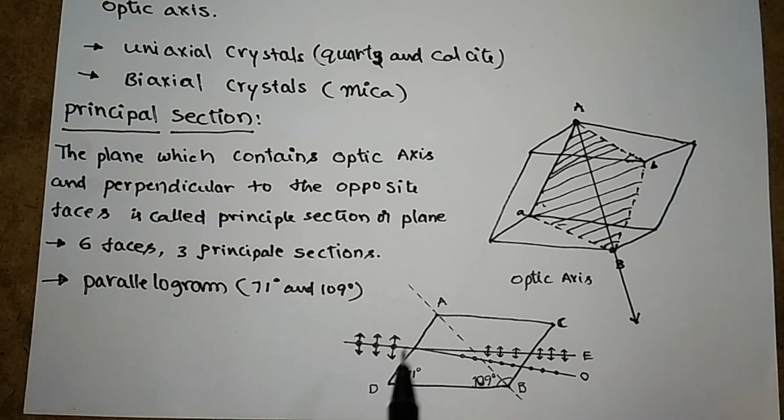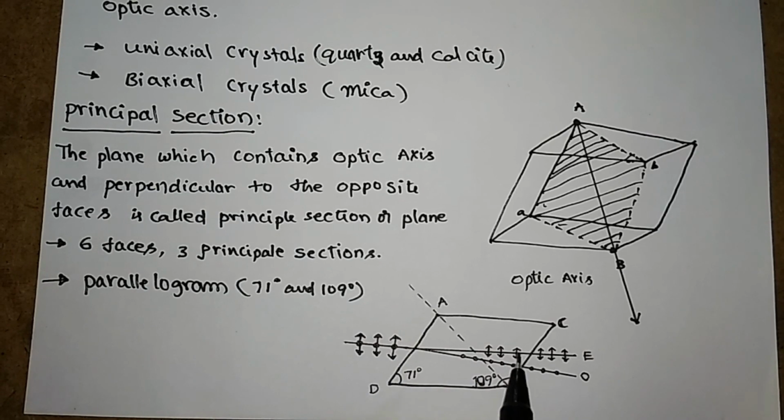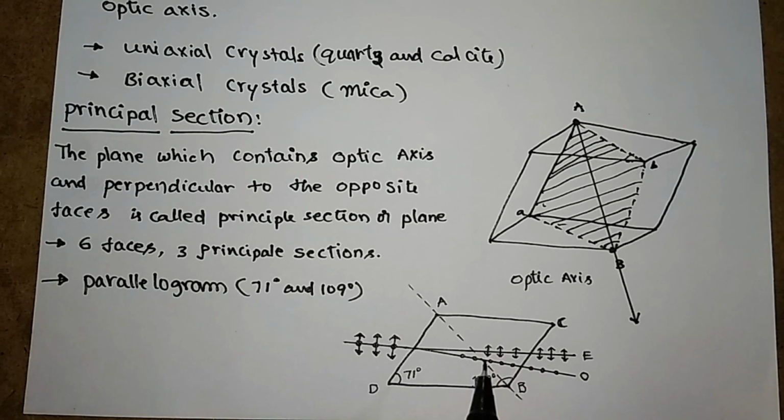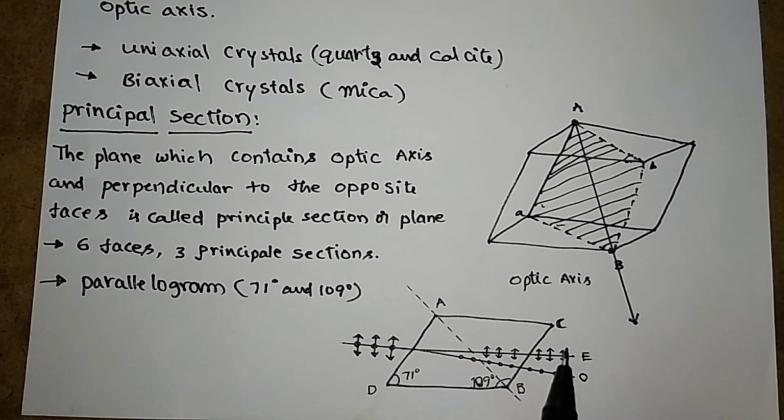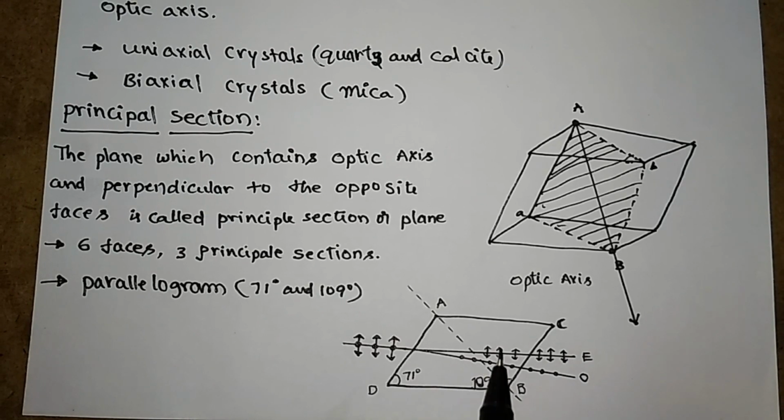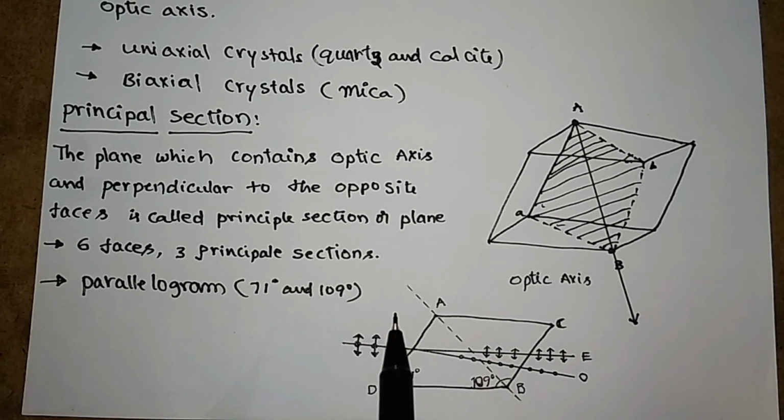When unpolarized light passes through this parallelogram formed from the calcite crystal, it splits into two rays, the extraordinary ray and the ordinary ray. This is called double refraction. We will discuss this double refraction in detail in the next class.